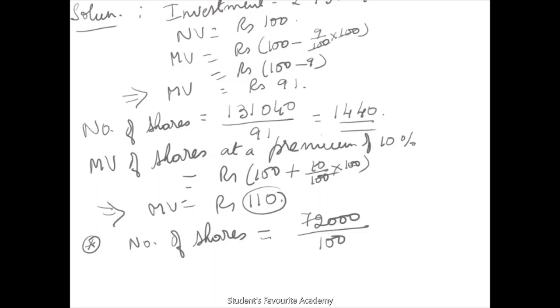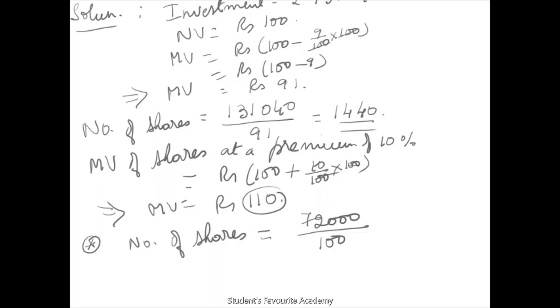Not that she sells at 110, but the number of shares sold whose worth value is 72,000. So value is decided by the nominal value of each share of the company.